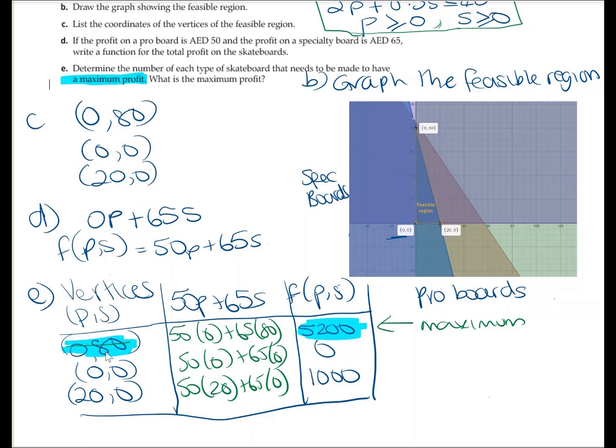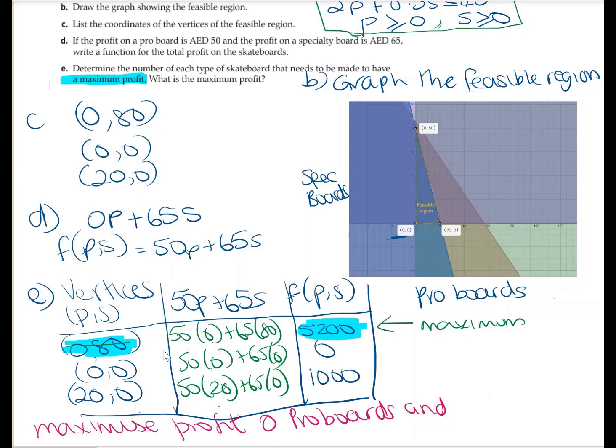So to maximize profit, we need to make, now X is first, which is pro boards, so no pro boards.